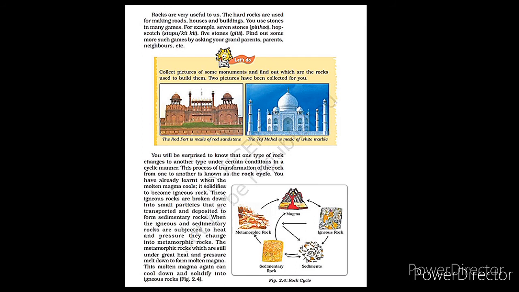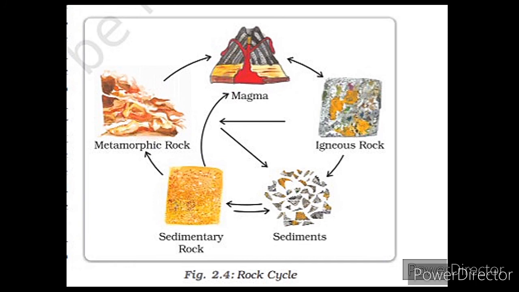And you will be surprised to know that one type of rock changes to another type under certain conditions in a cyclic manner. This process of transformation of the rock from one to another is known as the rock cycle. We have already learnt when the molten magma cools, it solidifies to become igneous rock. These igneous rocks are broken down into small particles that are transported and deposited to form sedimentary rocks.